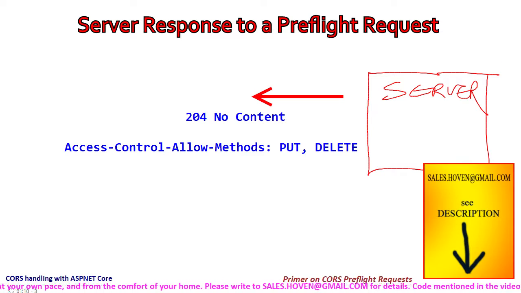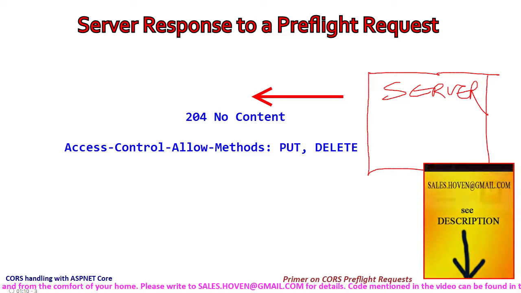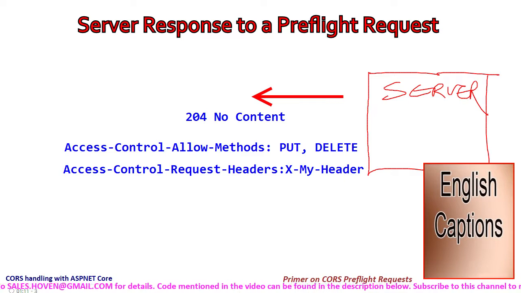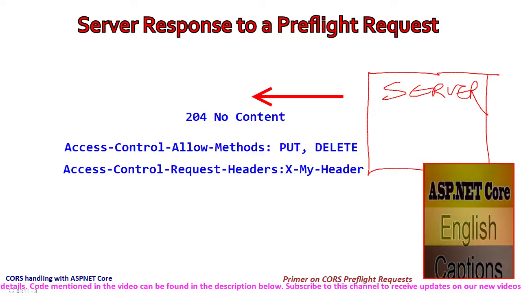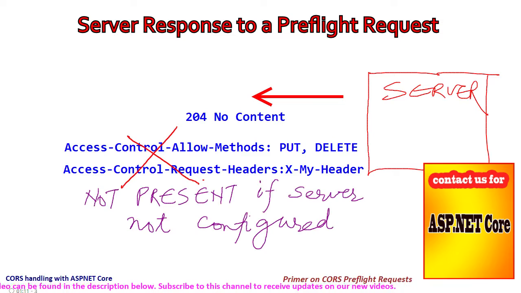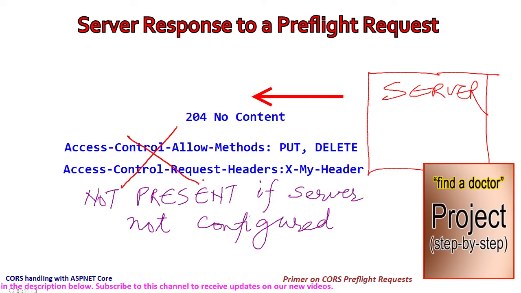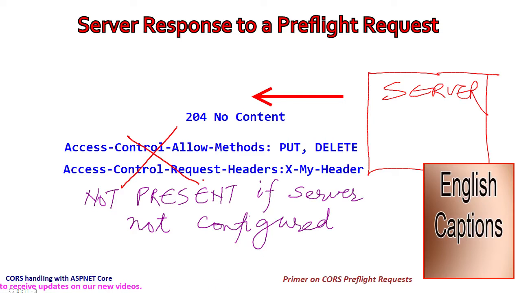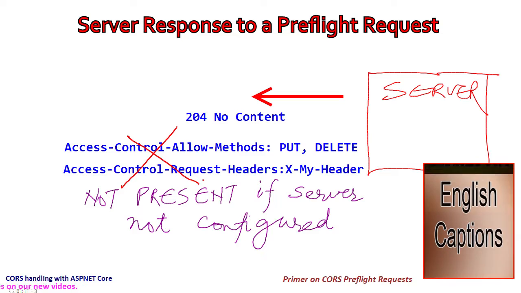Similarly, if it can accept the headers, then the response also contains Access-Control-Allow-Headers with its value set equal to the comma-separated list of headers. This would be absent if it doesn't handle the headers. The header Access-Control-Allow-Methods would be absent if that method is not allowed by the server.